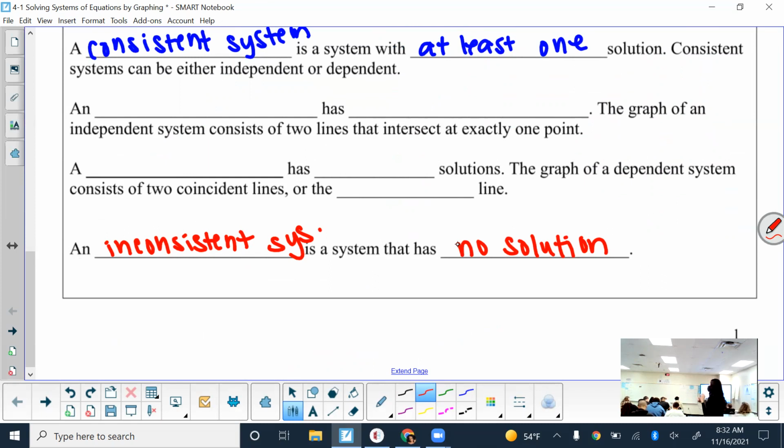All right, so now back to where we were on this blank. An independent system is what goes here. So an independent system has exactly one solution.